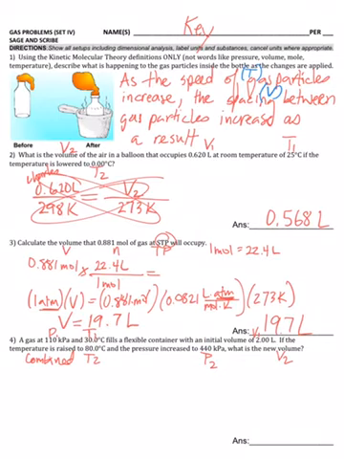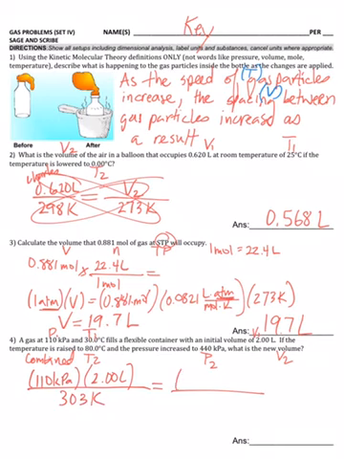So let's go ahead and set up the combined gas law. So P1 is 110 kilopascals. V1 is 2 liters. T1 is, in fact, 30 degrees Celsius plus 273, which is 303 Kelvin units.